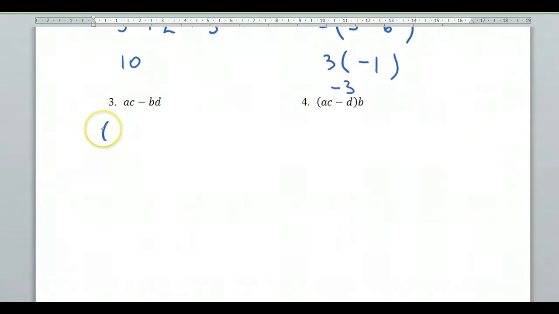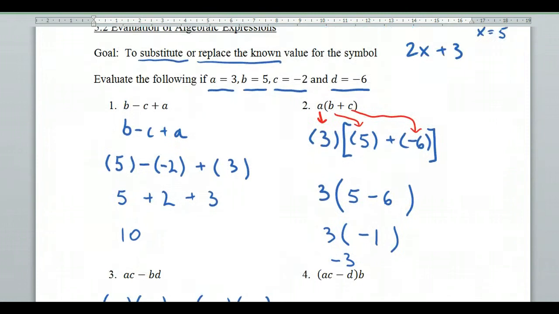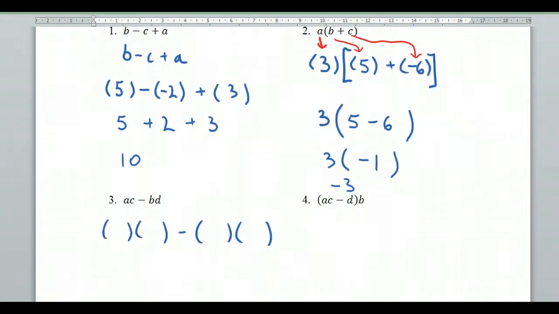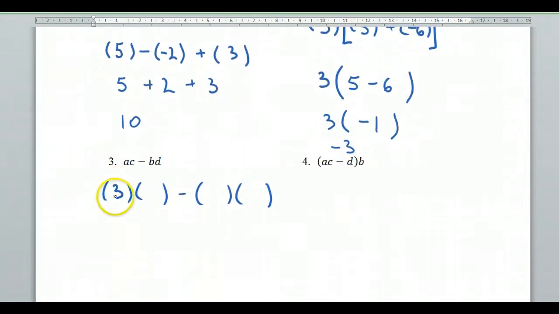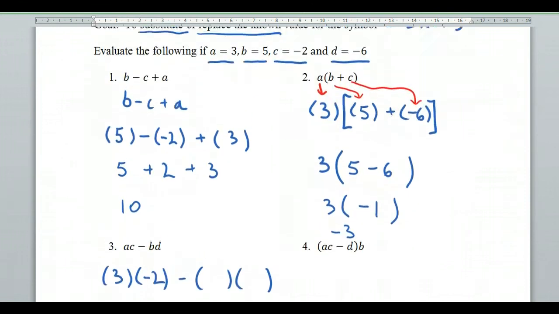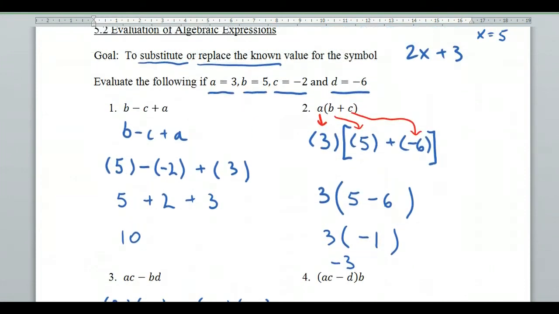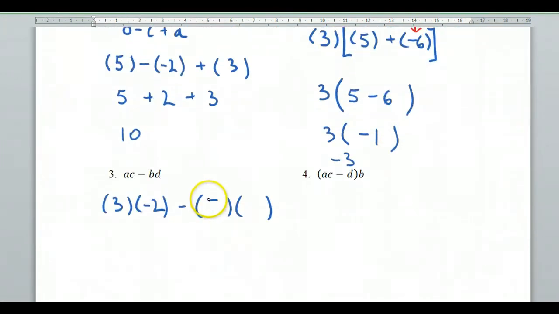So I'm going to go A times C, so there's that bracket, and then B times D. Okay, and what was A? A was 3 and C was -2. So let's fill that out. So 3 and -2, and B and D is 5 and -6 for D.